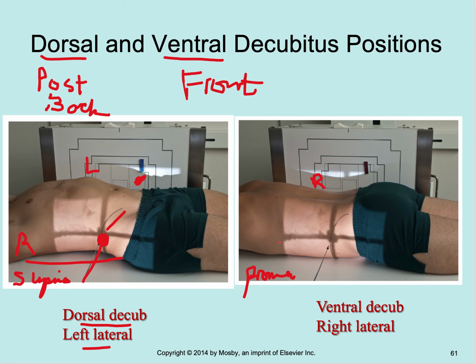It's got a horizontal beam again, entering on the left side, traversing through, and exiting on the right side. That's why right lateral ventral decube: ventral decube as position, right lateral as which side's closest to the image receptor.